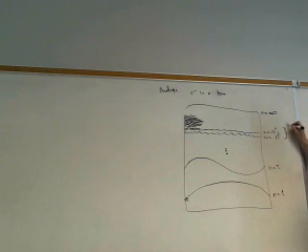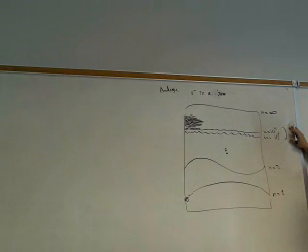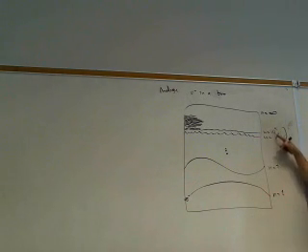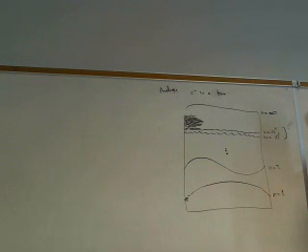So 10 to the 9. The difference between these two would be, okay, 1 times 999 million. Yeah, all right.